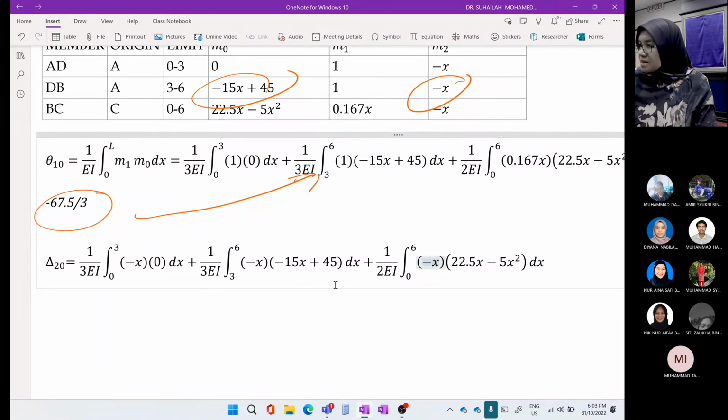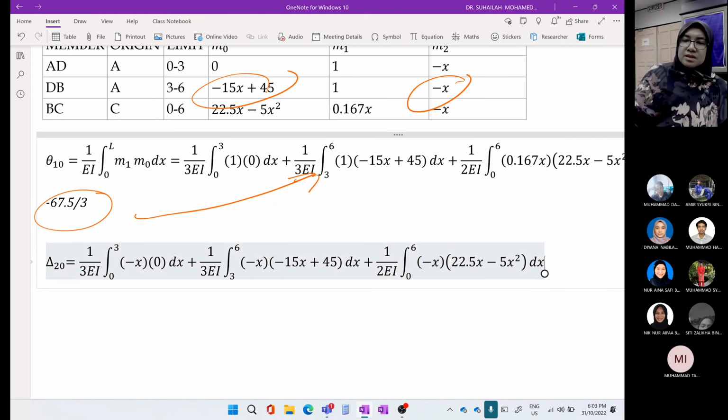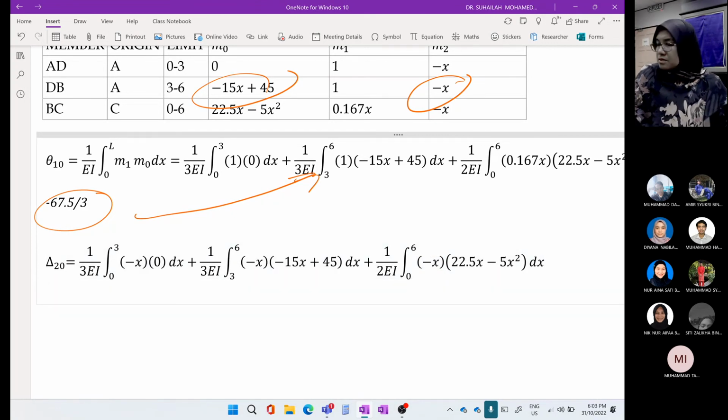Okay, for the second integration, the first integration is 0. The second integration, the first is 337.5. Is it right? Divide by 3, right?